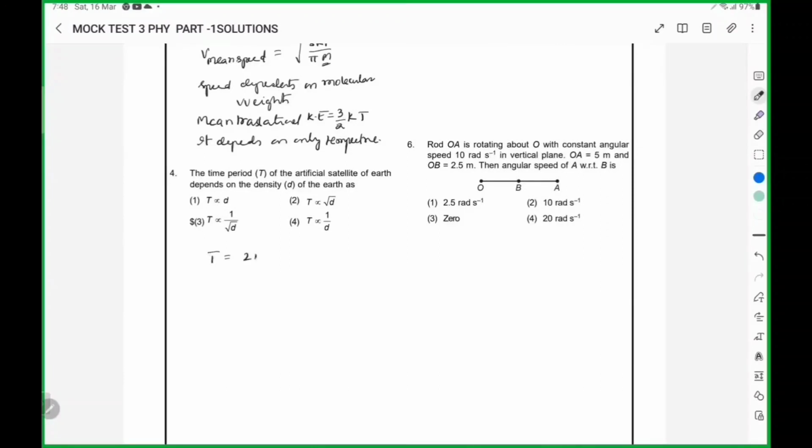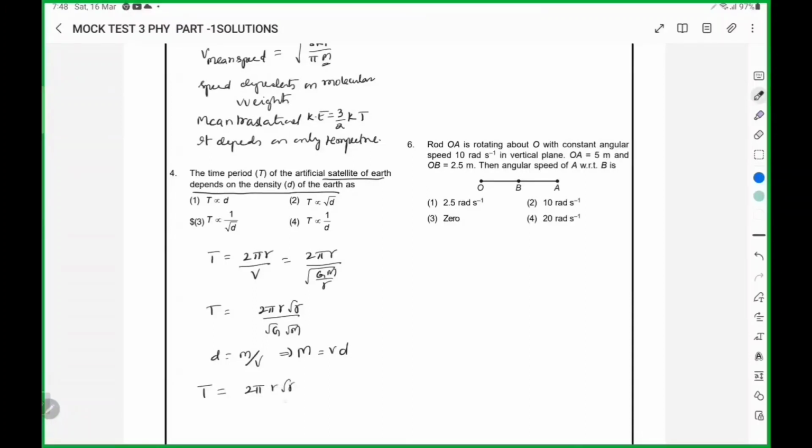The time period of an artificial satellite is 2 pi r root r by root GM. So how does it vary with respect to density? Density is mass per unit volume, so mass is volume into density.